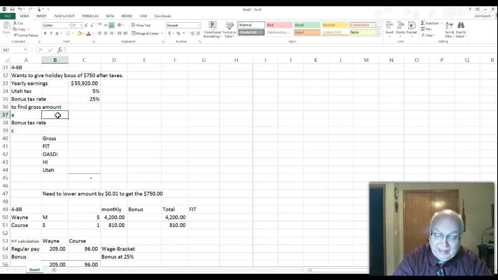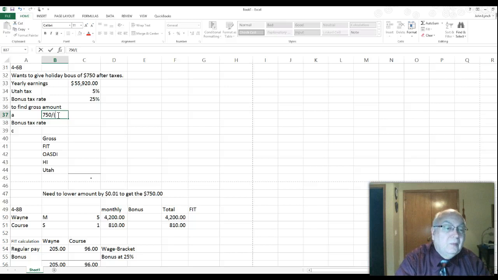So the equation you want to use for that will be 750 divided by 1, which represents 100%, minus 0.25, which is the bonus tax, minus 0.062, which is the Social Security tax, minus 0.0145, which is the HI tax, minus the Utah tax of 0.05.